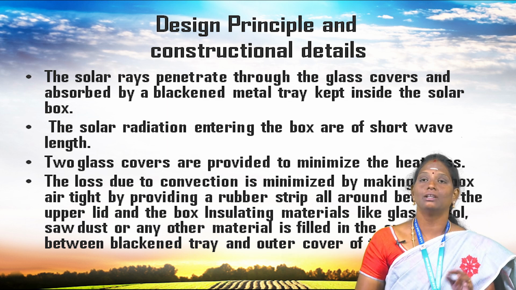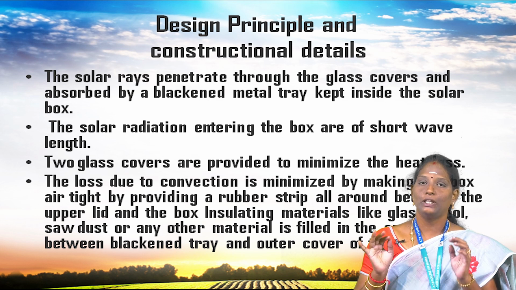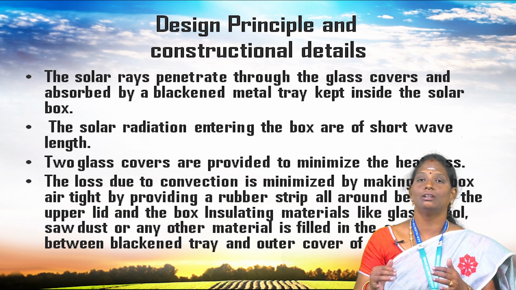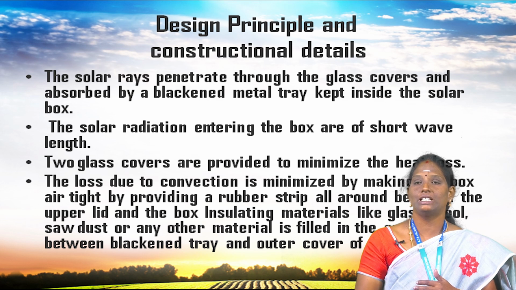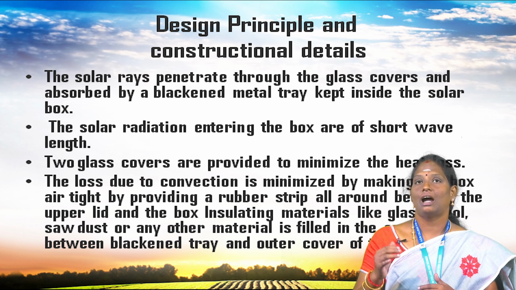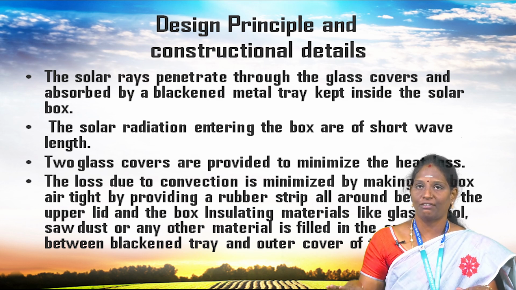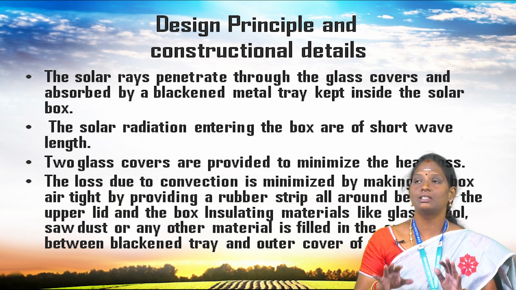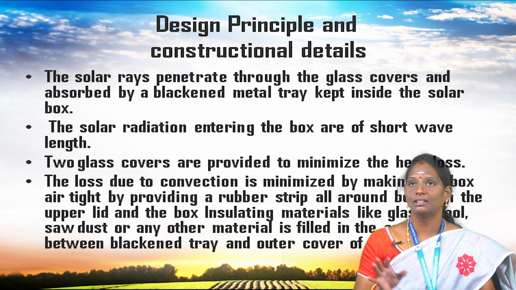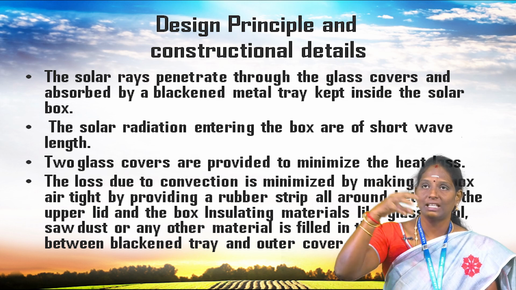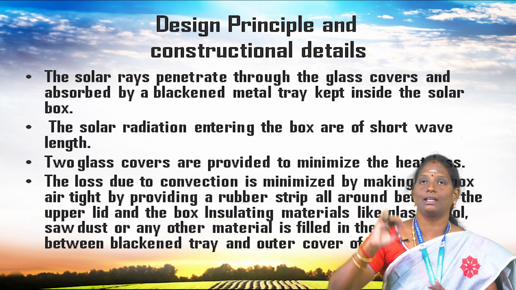This minimizes heat loss due to convection. When this type of cooker is placed in the sun, the blackened surface starts absorbing sun rays and the temperature inside the box starts rising.